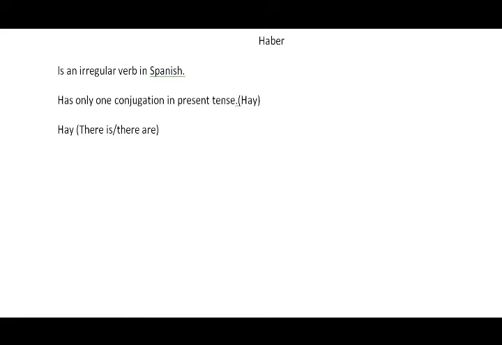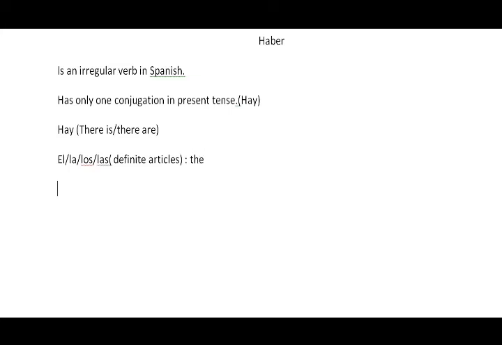But there is one more thing that we need to keep in mind when we use the verb haber or hay in present. The articles that we have done till now are el, la, los or las. They are the definite articles. Definite articles are the ones which are the equivalent of the in English.